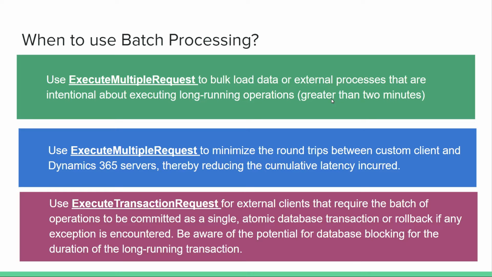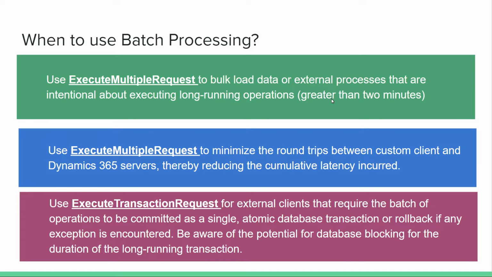Normally what happens whenever you call the server through create, update or any message, it is considered as one round trip, right? So if you want to create 4 records, that means you need 4 round trips, right? But execute multiple request is a batch processing.